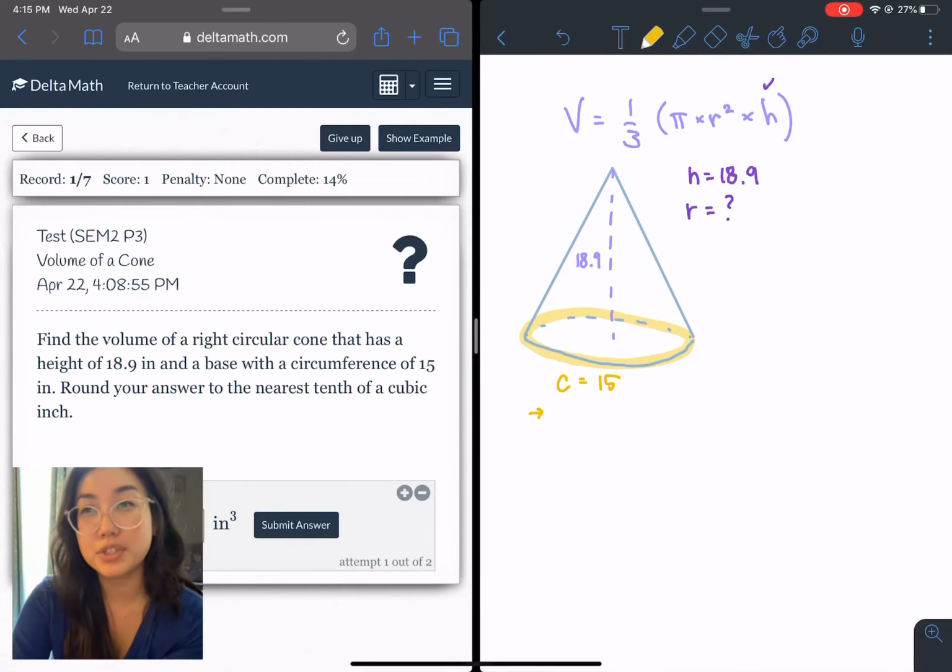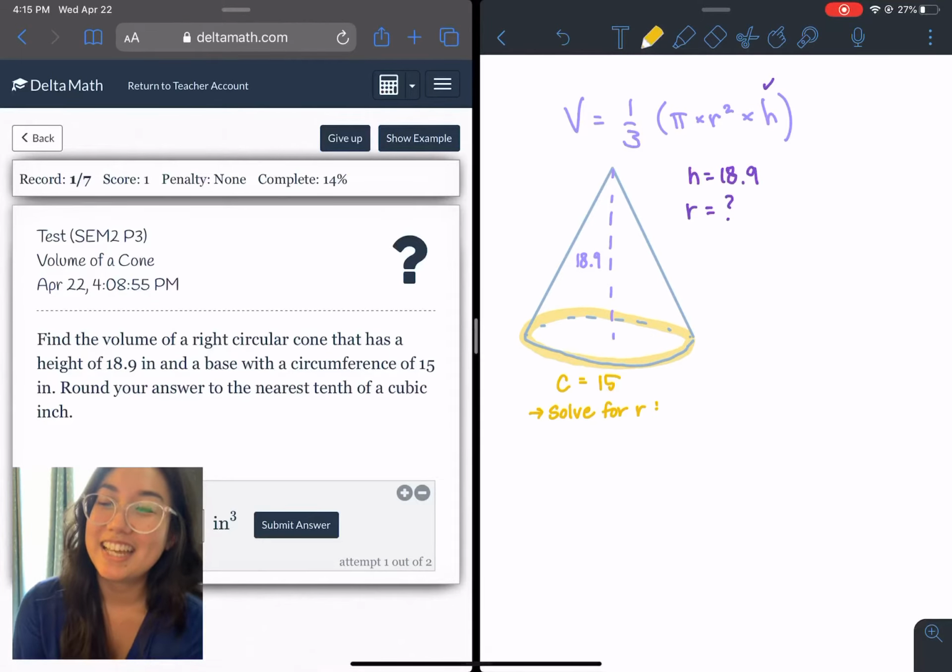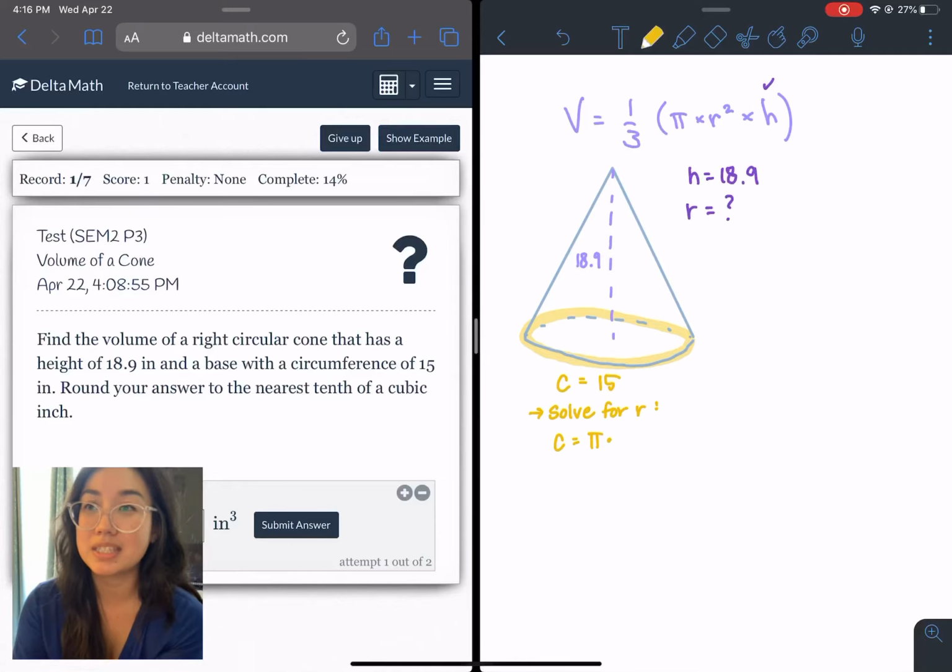When you're looking at the circumference of a circle, we're going to solve for r. And the circumference is actually equal to pi times twice or double the radius.